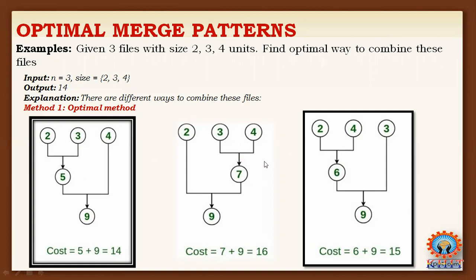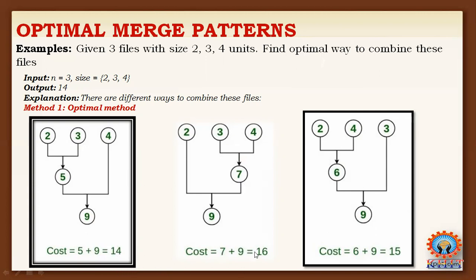Two more solutions are generated, but if you compare the first solution with the leftover two solutions, this is the optimal solution. Why can I consider this the optimal solution? It will take the minimum number of comparisons for merging the files, only 14 comparisons.